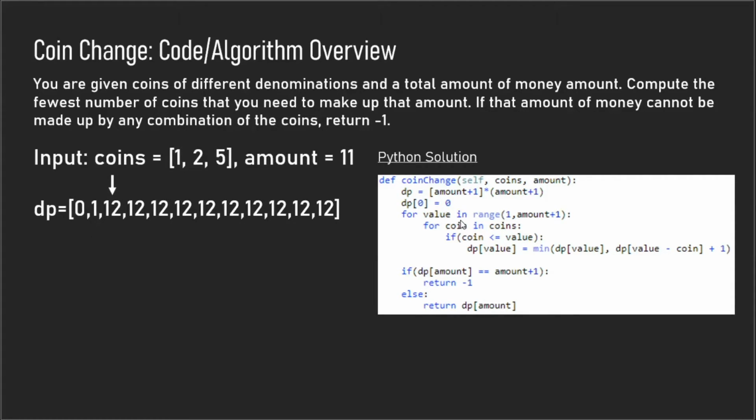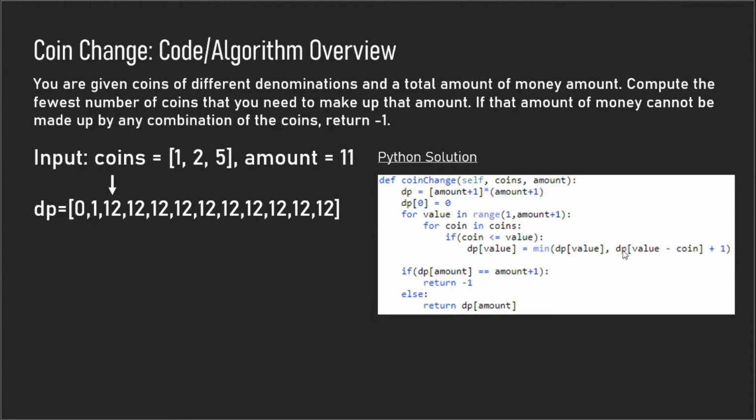For this iteration, value is equal to 2 because we're at the second index, and now we loop through our coins array and we start at 1. In the case of 1, we're choosing the minimum of two values, either 12 or this dp array value minus coin plus 1. So let's calculate that real quick.